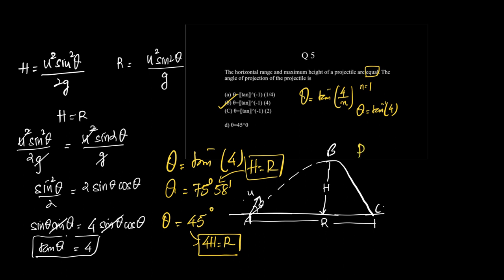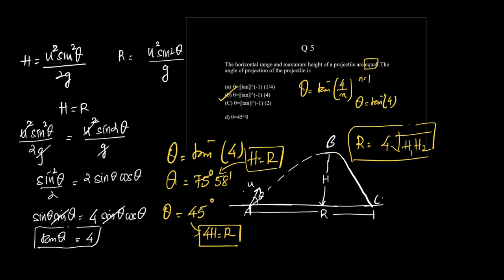Now there is one important relationship, that is r is equal to 4 times root of h1 h2, the derivation of which I would say is really important. Well, not the process of derivation, but to understand what that is. So what we have here is an object which is projected at an angle theta with velocity u, another object projected with velocity u at an angle 90 minus theta.